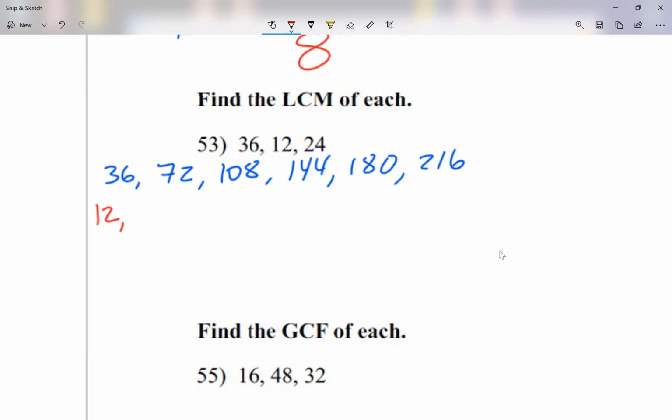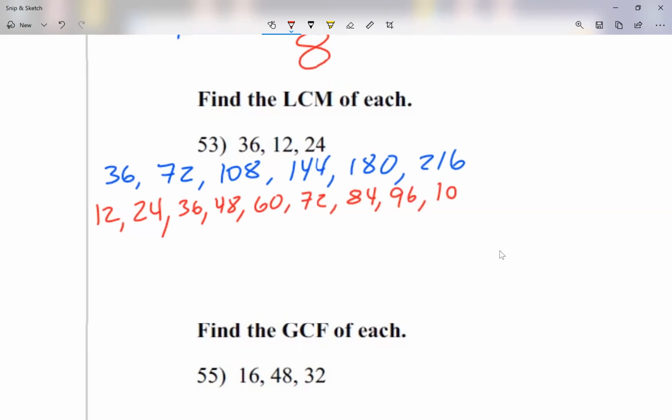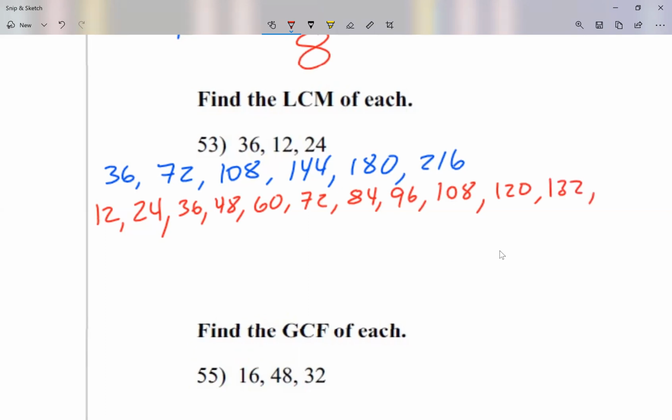So 12 plus 12 is 24, plus 12 is 36, plus 12 is 48, plus 12 is 60, 72, 84, 96, 108, 120, 132, and let me just find one more, 144.